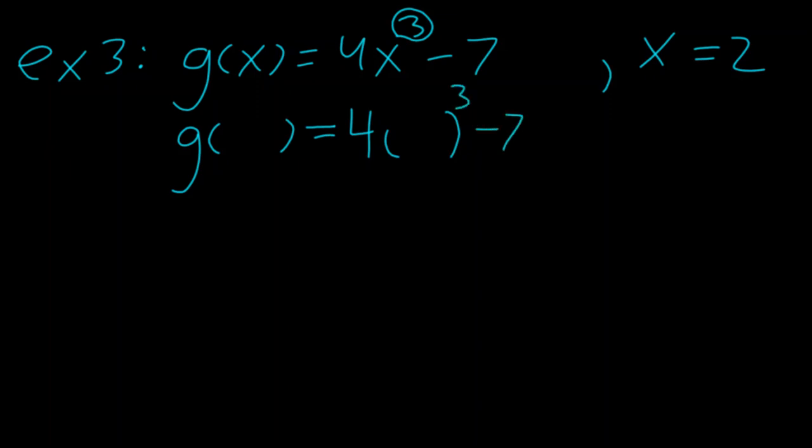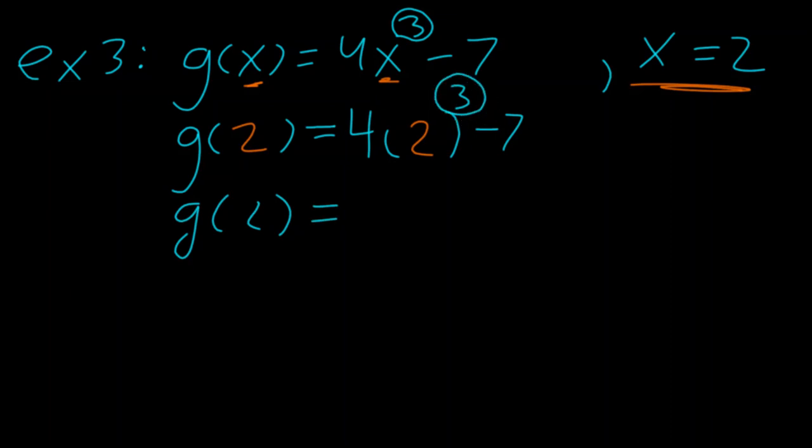Now over here, we have x is equal to 2, and we only see x's right here and here, so once I replace those with parentheses, we can fill in that 2 from what x equals. So we have g of 2 is equal to, and remember, according to PEMDAS, we have to take care of that exponent first. Now really hear me out.